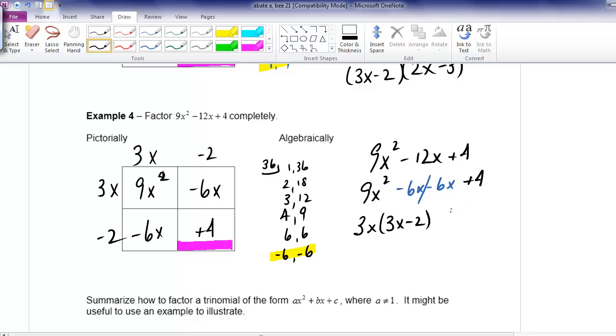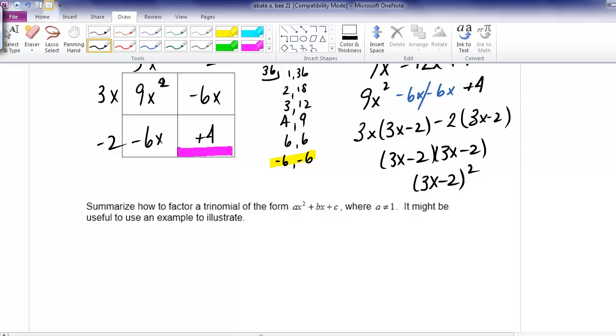Right here we have a common factor of 3, and I want my last term to be negative and the first term to be positive, so we have to take out a negative in this case, and we end up with 3x minus 2 times 3x minus 2. And another way of writing that is 3x minus 2 squared.